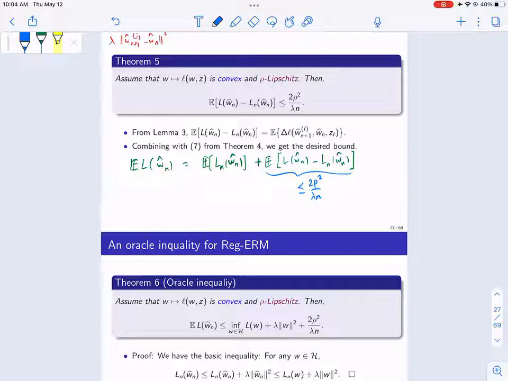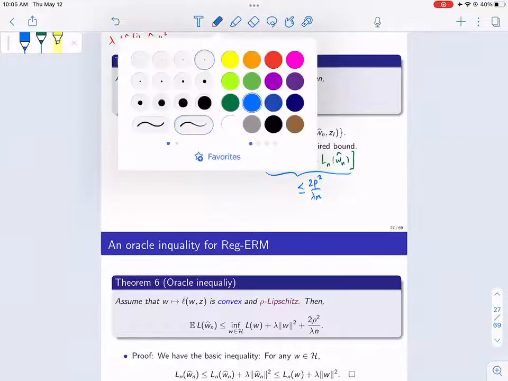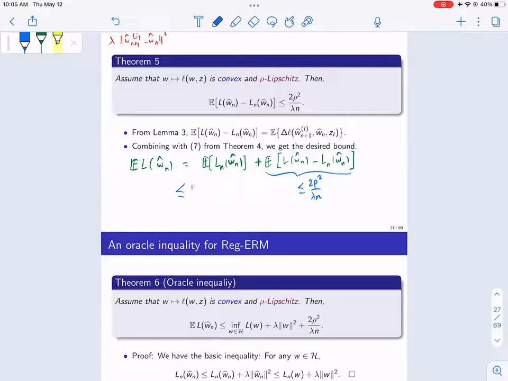So the thing is, W hat n is a regularized solution. I don't know much about what happens for the loss itself, but I know what happens if I add the regularization back. So this is bounded by this from above. Now this is basically L_n tilde of W hat n.